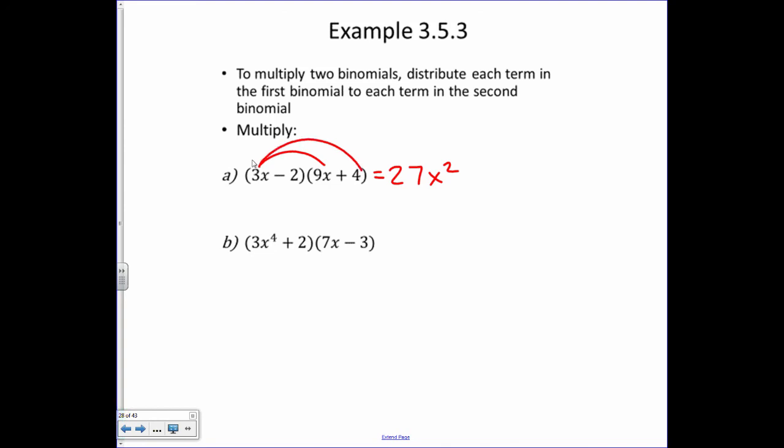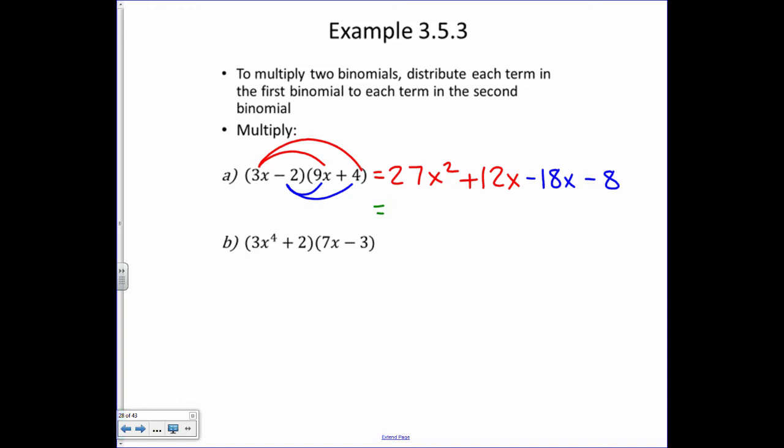Then we're going to multiply 3x by 4, and that'll give you 12x. Now we've taken 3x and multiplied it times both terms in the second binomial. We now need to take negative 2 and do the same thing. Negative 2 times 9x will give you minus 18x, and negative 2 times 4 will give you negative 8.